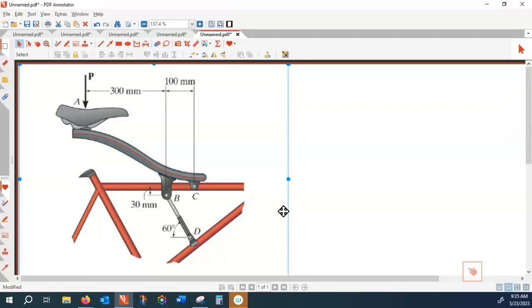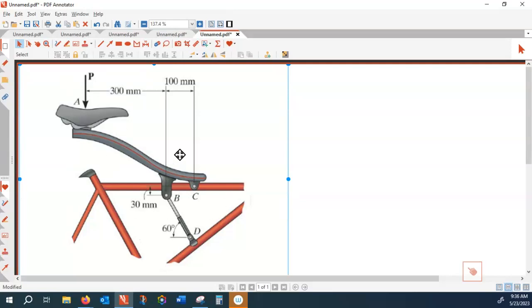In that design, the bike seat is attached to the frame by using a hinge at point C and also a telescopic damper, which is BD. Can you visualize that? So BD is like a damper and C is a hinge.